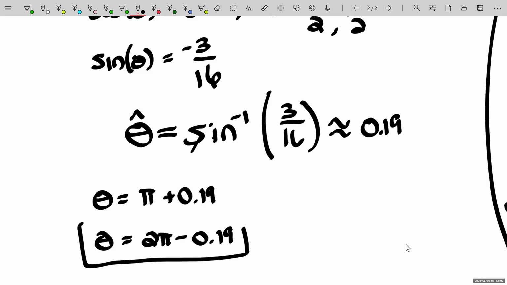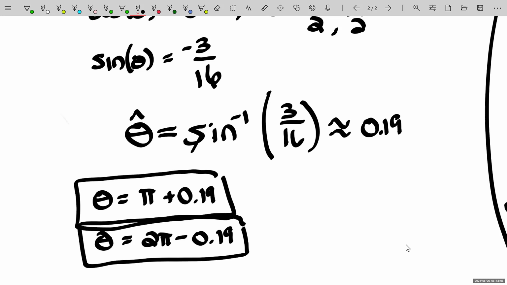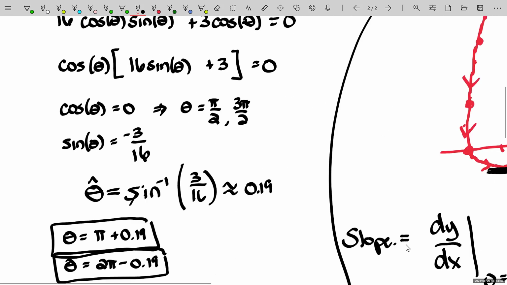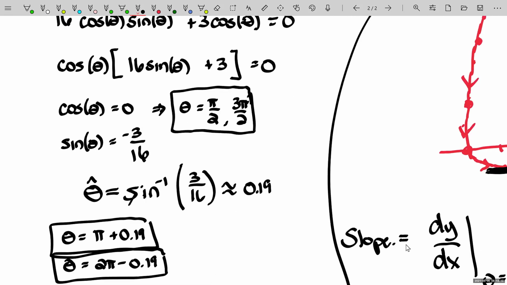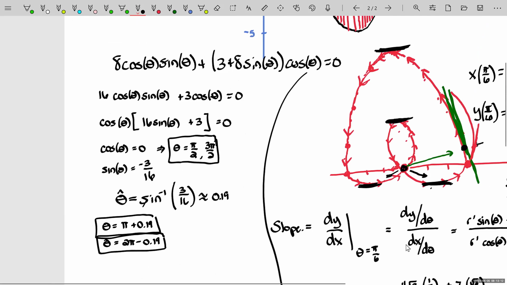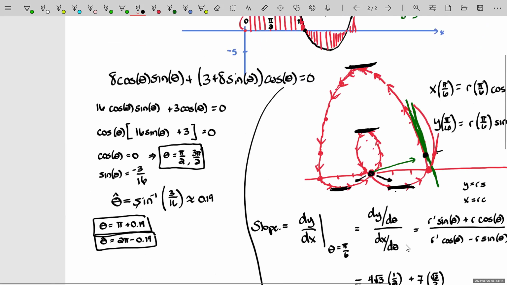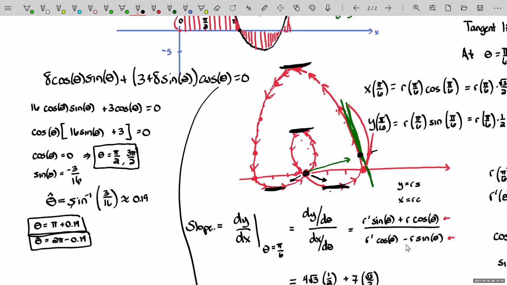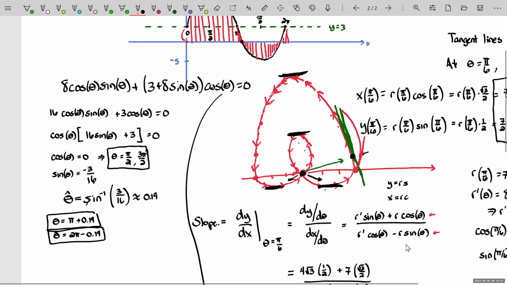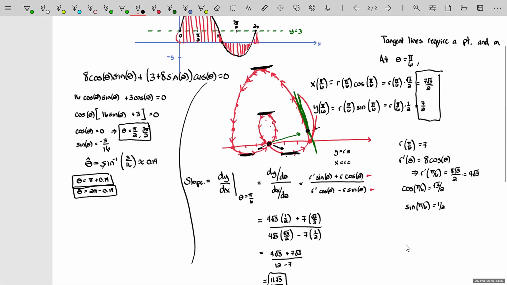Those are all the spots where you have horizontal tangents. Much easier than what I had just gone through for the verticals. So sorry about that. Anyhow, that's how you do that style of problem, by screwing it up at first and then going back through and doing all horizontal tangents correctly.